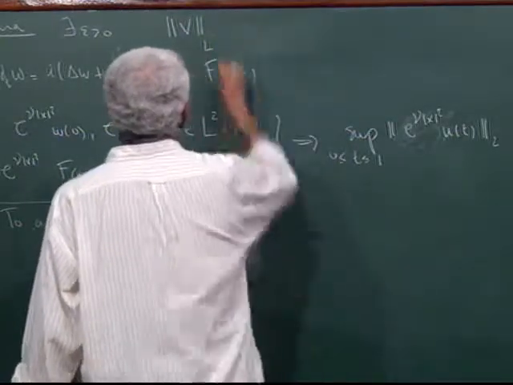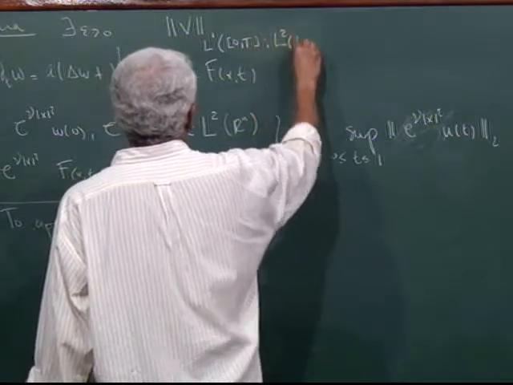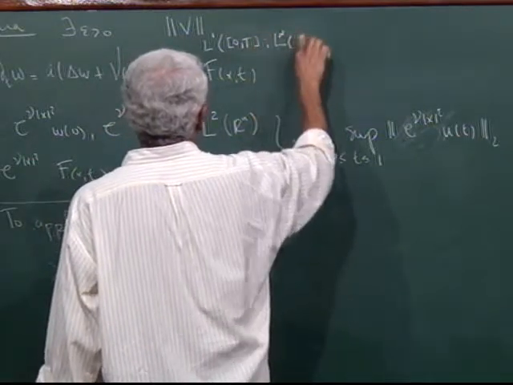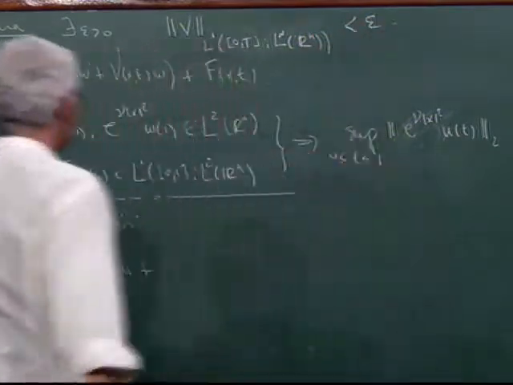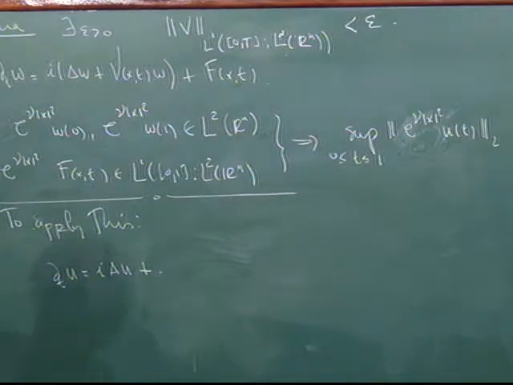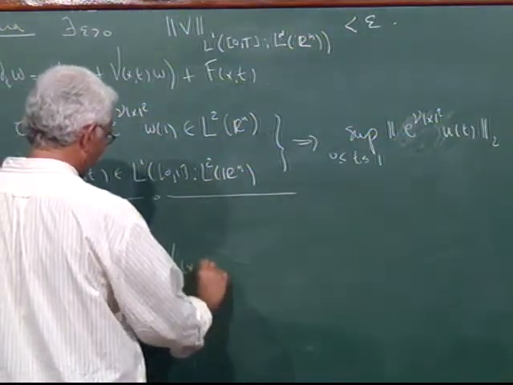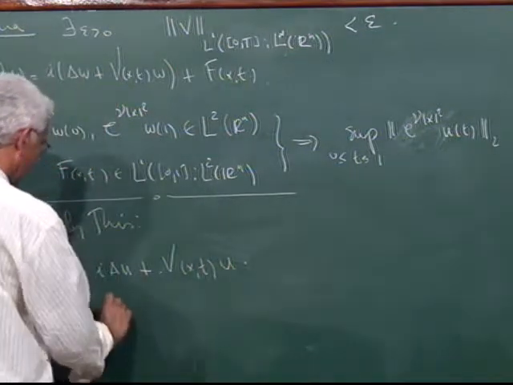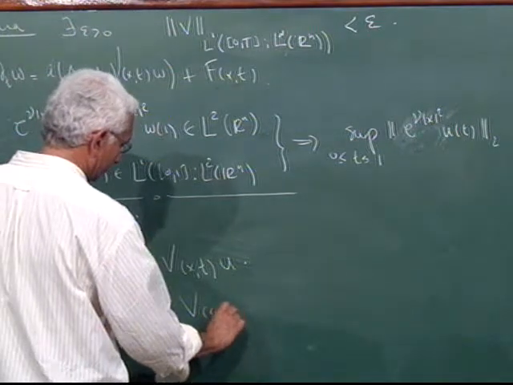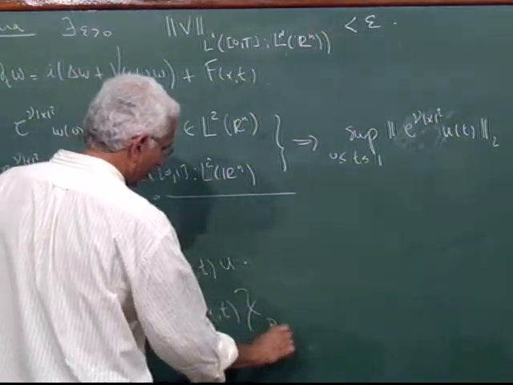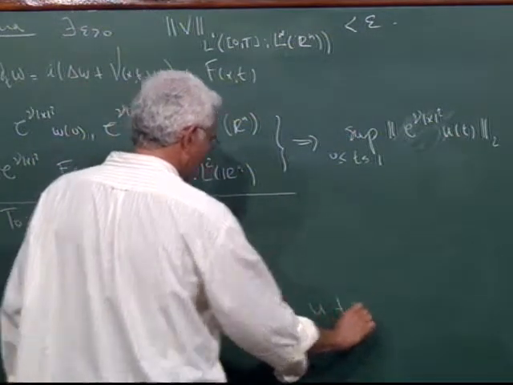This is what you really need. Okay, what do you do? You rewrite this in this way. This part that is supported at infinity, the complement of the ball of center 0, multiplied by u, plus this.